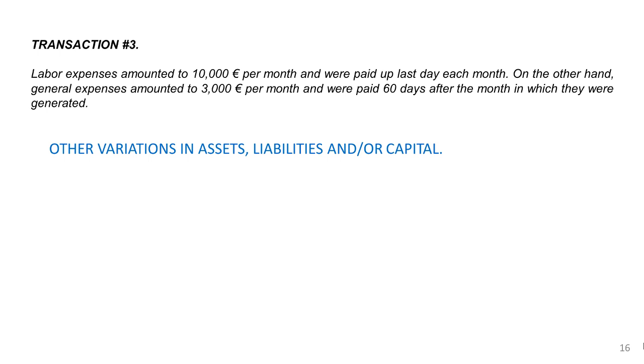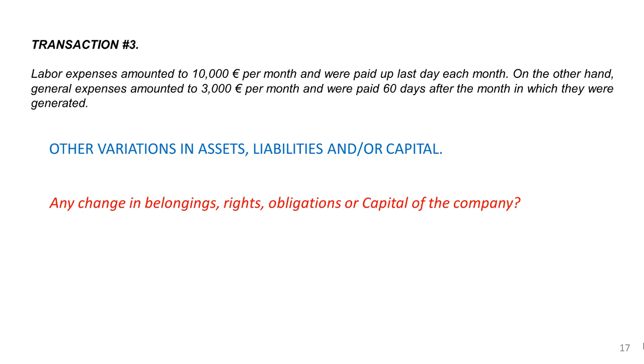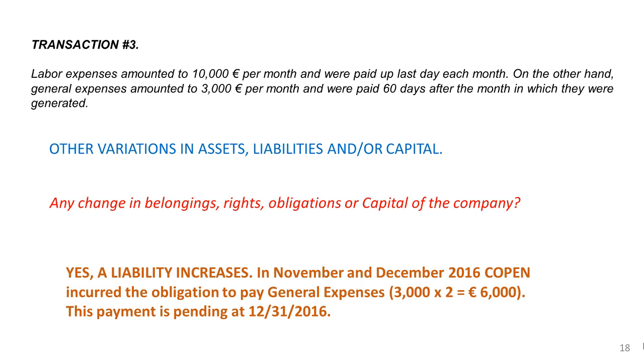Finally, we analyze how these expenses affect other assets, liabilities, or capital. In other words, we need to assess whether these expenses lead to variations in the belongings, the rights, the liabilities, or the capital of the company. As pointed out above, one liability changes. In particular, the liability that shows Copen's debt with the suppliers of the resources related to those expenses.